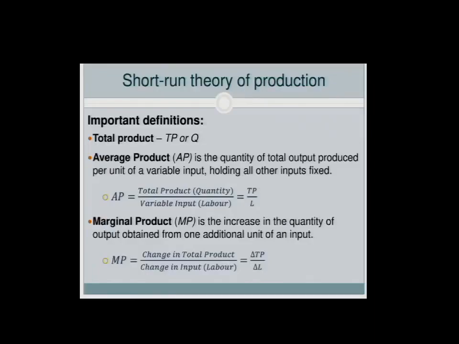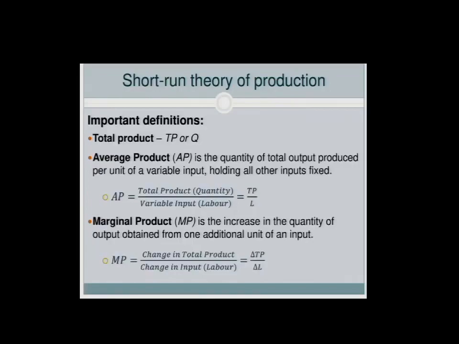Marginal product is then the increase in output from an additional input. So marginal means extra output from an additional input. Variable input can be anything, but labor is a major one, because as you increase the output, you usually employ more people.